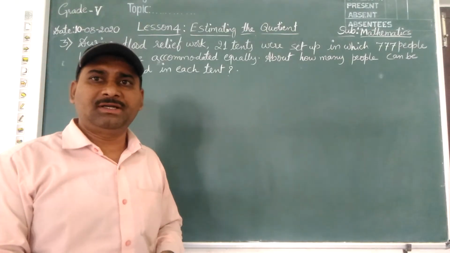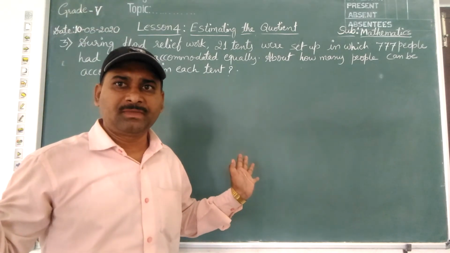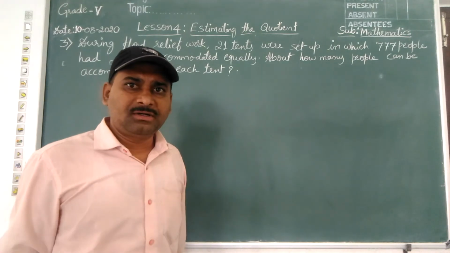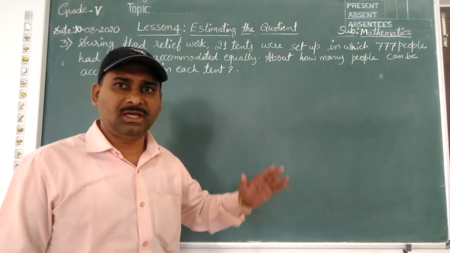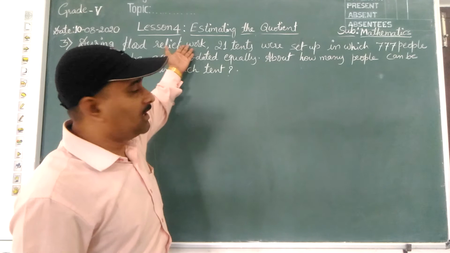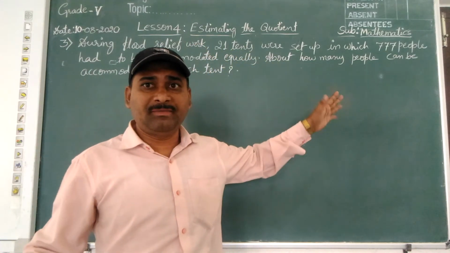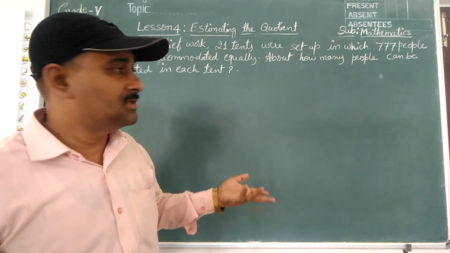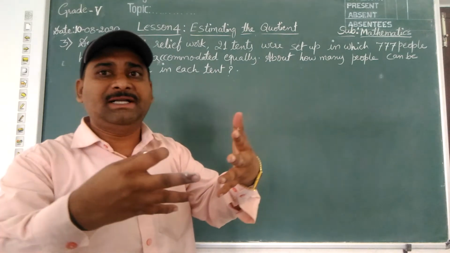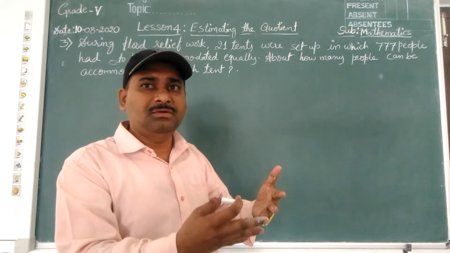Children, you know very well that in Kodagu, full of rain, complete flood, all the houses are vanished under the force of the water, hills are collapsed. So in such conditions, in flood relief work, 21 tents are required because there is no house for those people. 21 tents are required to set up for 777 people.